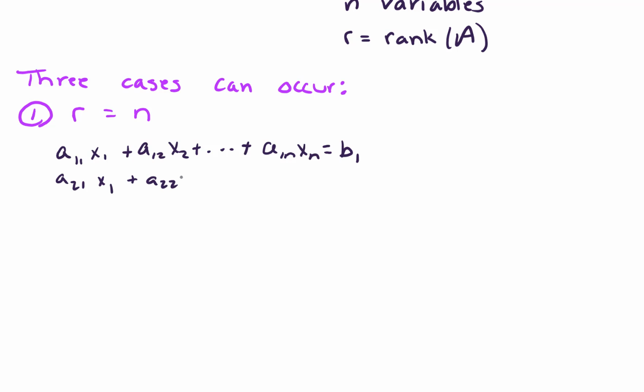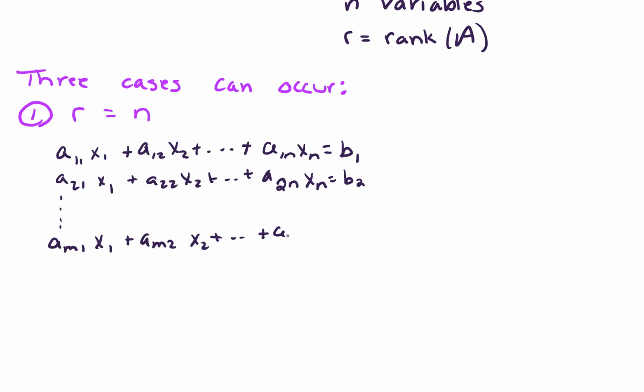And then we've got a second equation, and so forth. And we'll go all the way down to our last equation, and we're told that we have m equations, so we'll go all the way down to am1 x1 plus am2 x2, and so forth.